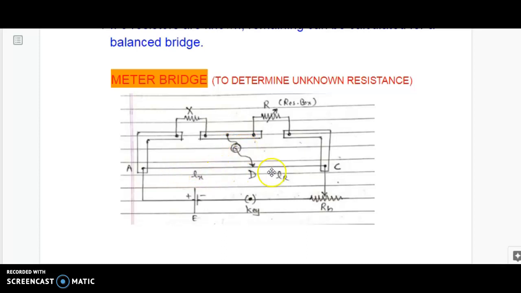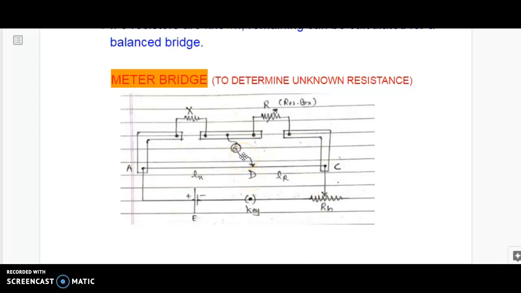If you have such a both-sided deflection, it means that the circuit is functioning properly. And then you touch your jockey on this wire AC at such a particular point so that the galvanometer does not show any deflection. If you obtain such a point, you name it as point D.